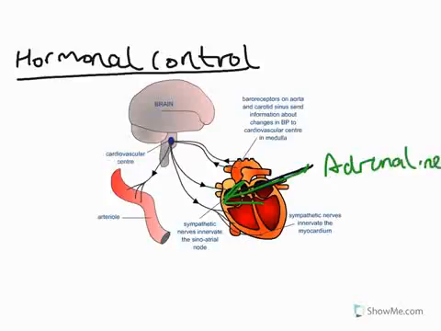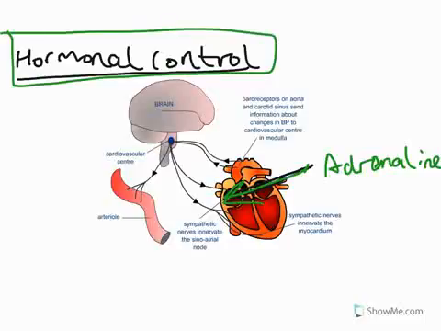And that adrenaline stimulates the SA node, and we get an increase in heart rate. So if we are expecting to exercise, or if something exciting happens, we experience this rush in adrenaline which increases sinoatrial node activity, and we call this hormonal control. So look for that term in your question. It's asking about neural, hormonal, or perhaps even our final one, which is intrinsic control.